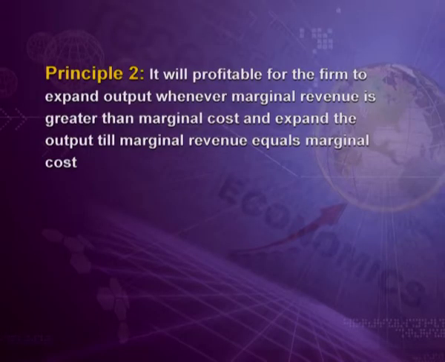Now, principle 2. It will be profitable for the firm to expand output whenever marginal revenue is greater than marginal cost, and expand the output till marginal revenue equals marginal cost. Not only should marginal cost be equal to marginal revenue, its curve should cut the marginal revenue curve from below.